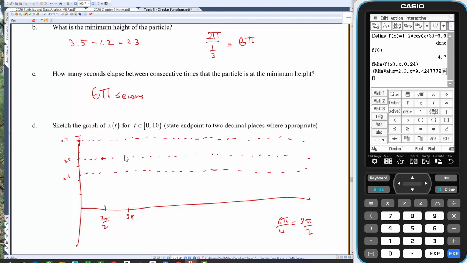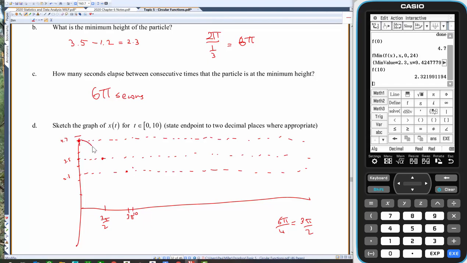Okay, and I don't know what the 10 is going to be. I need the calculator to help me out with that one. So that's going to be f of 10, and that's going to be 2.32. So what it's doing at 10, so I'm going to guess here that this is roughly 10 here. It's going to start returning back up again.